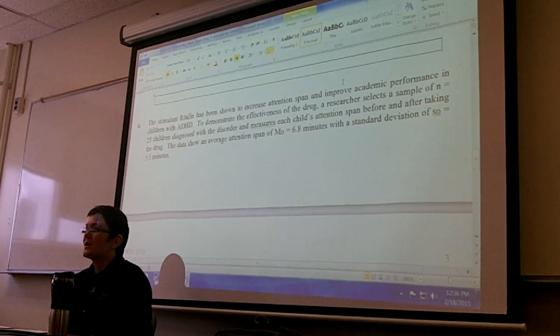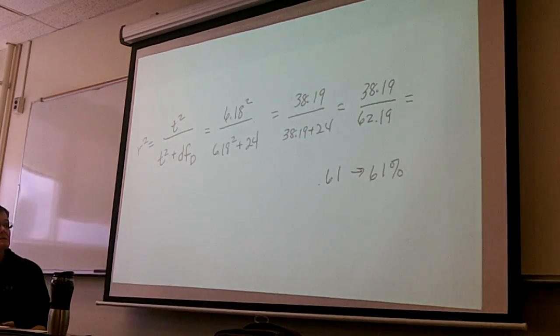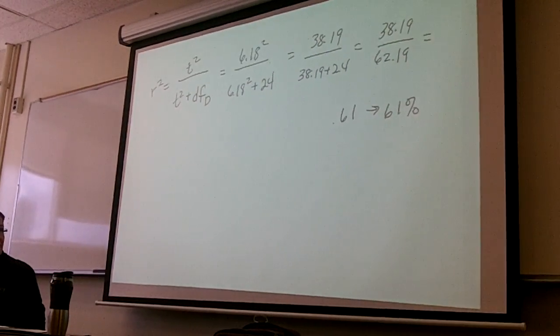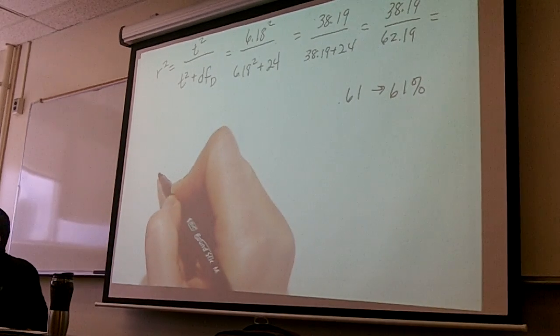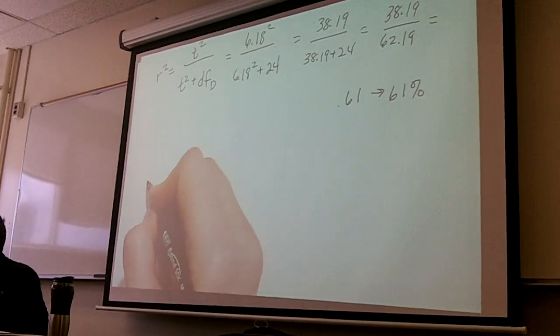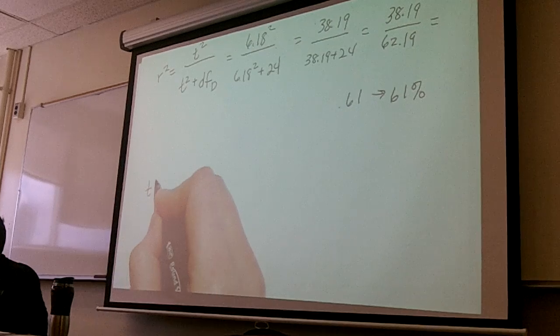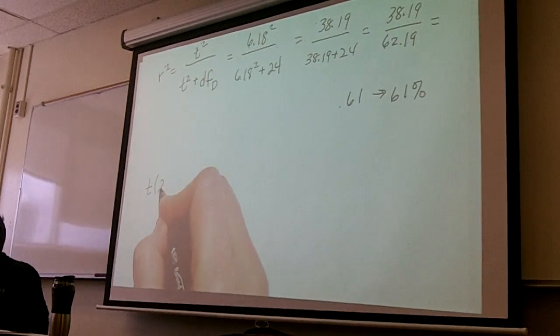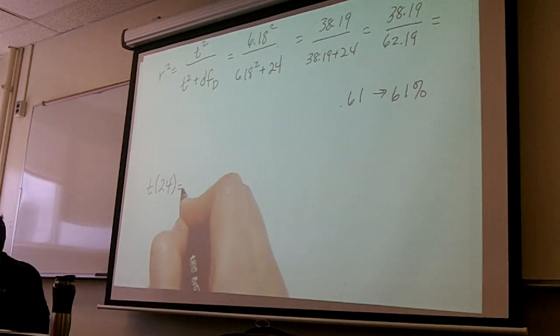All right. So now we need our APA style statistical statement. Somebody give it to me. I will write it down so we can all check our work. T, little t. All right. 24, in parentheses, 24. Okay. Equals.